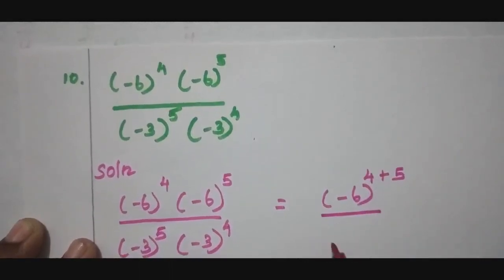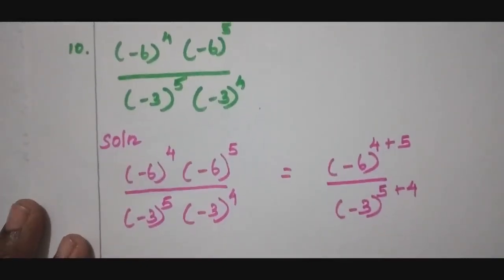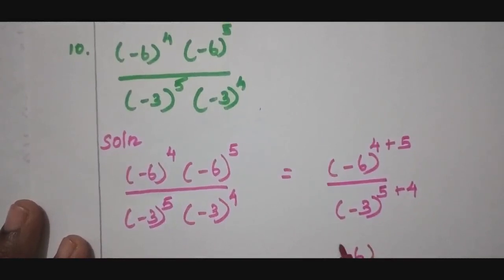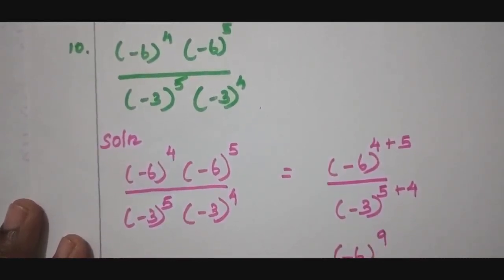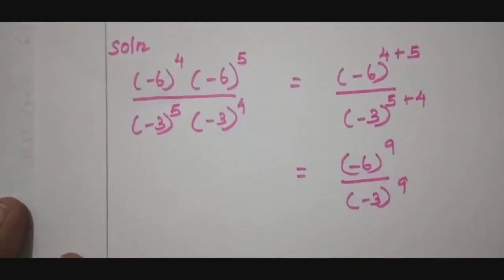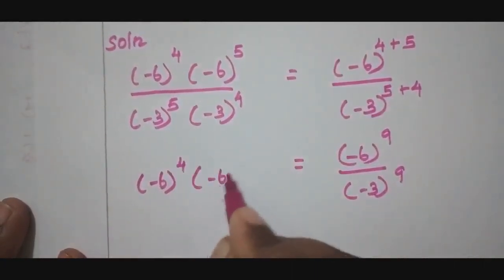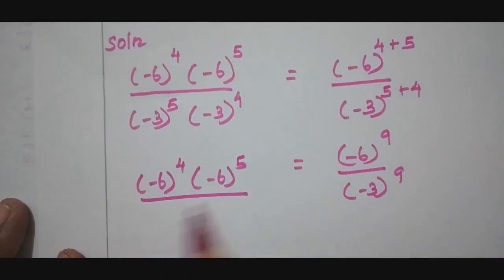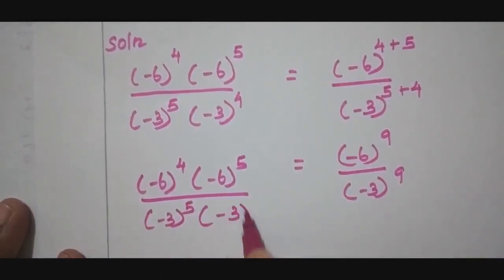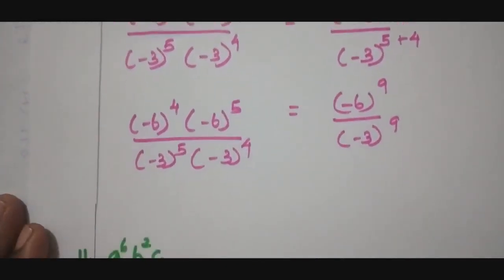Similarly, here the base is minus 3 and these two numbers are in multiplication, so we can add 5 plus 4. It is equal to minus 6 the whole power 9 divided by minus 3 the whole power 9. So minus 6 the whole power 4 into minus 6 the whole power 5 divided by minus 3 the whole power 5 minus 3 the whole power 4 is equal to minus 6 the whole power 9 divided by minus 3 the whole power 9.